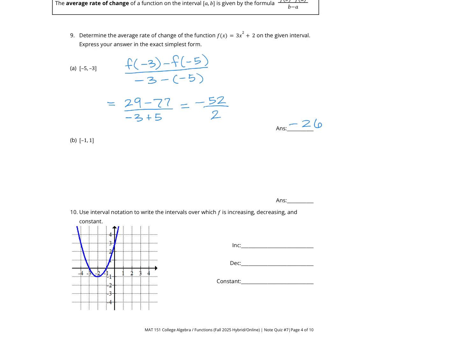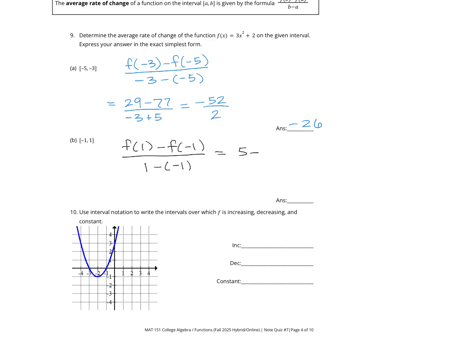All right, now let's take a look at the next one. We'll do that one in black. That's going to be f of 1 minus f of negative 1 divided by 1 minus a negative 1. Plugging 1 into our function, 1 squared is 1, 3 times 1 is 3, plus 2 makes 5. So that's 5.